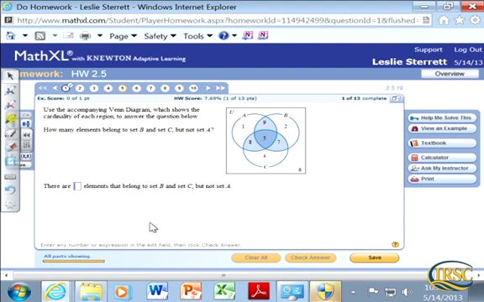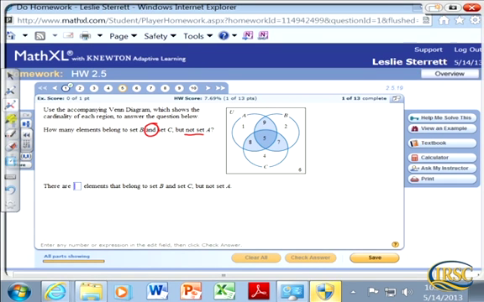Okay, now you've got a three-set Venn diagram, and you're looking for how many elements belong to set B and set C, but not set A. All right, so if you were just looking for B and C, what region or what numbers would you be looking at?